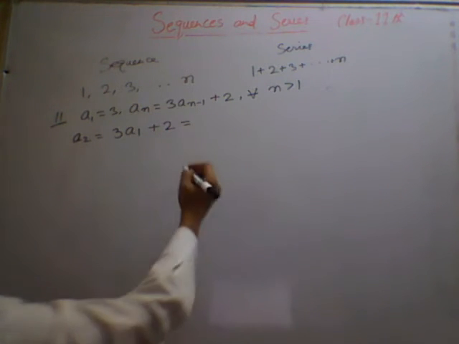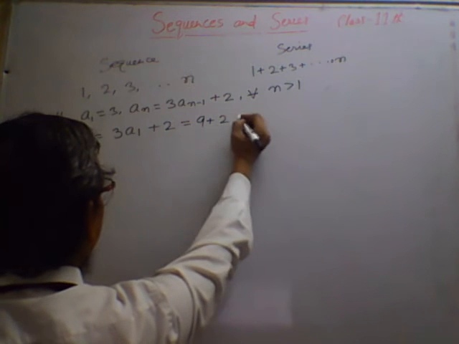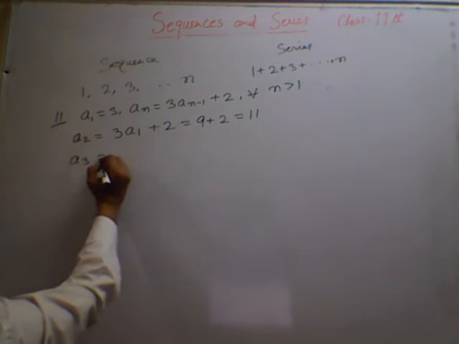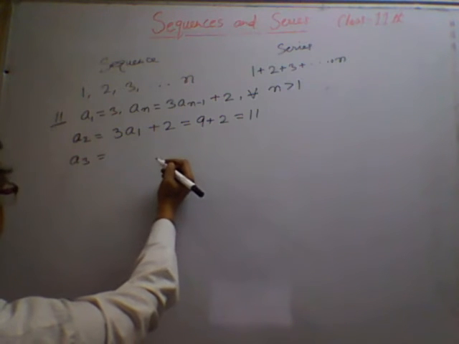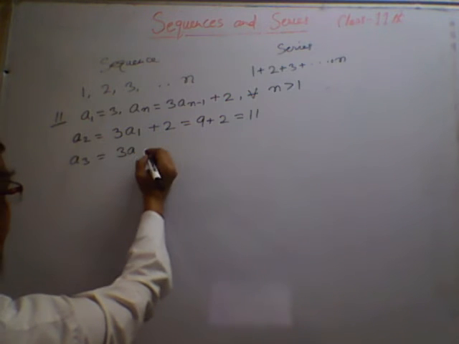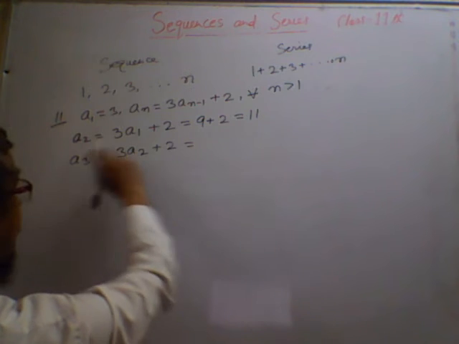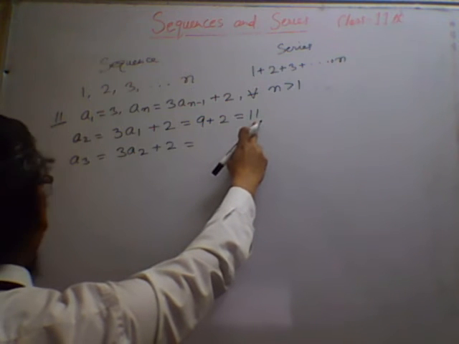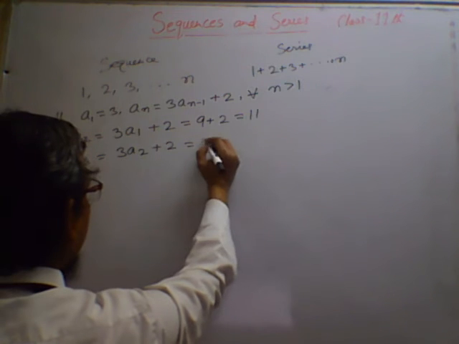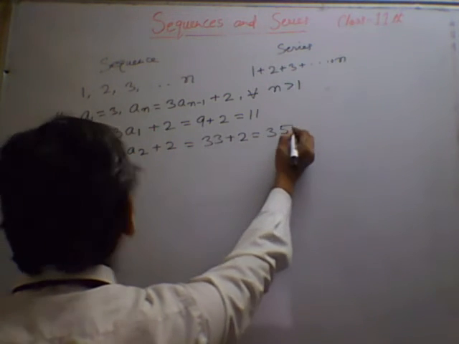Now a1 is 3, so 3 times 3 is 9, 9 plus 2 equals 11. In the same way, a3 equals 3a3 minus 1, which is a2, plus 2, and we found a2 is 11, 11 times 3 is 33, 33 plus 2 is equal to 35.